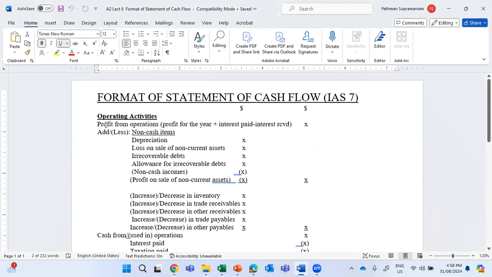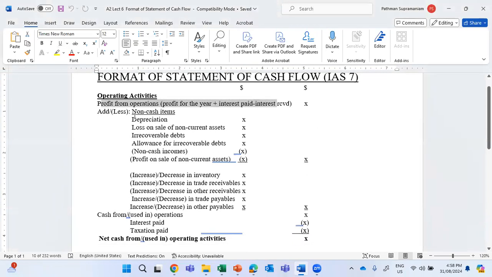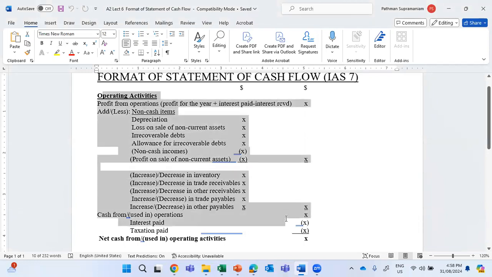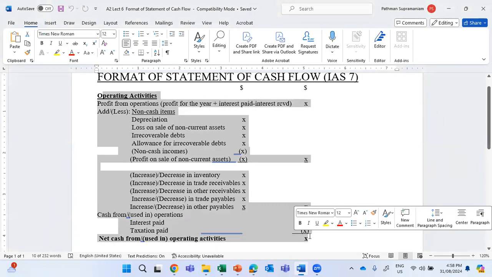So we start with profit from operation. I'll tell you what is operating activity. What is cash flow for operating activity? It's actually telling you the cash profit.